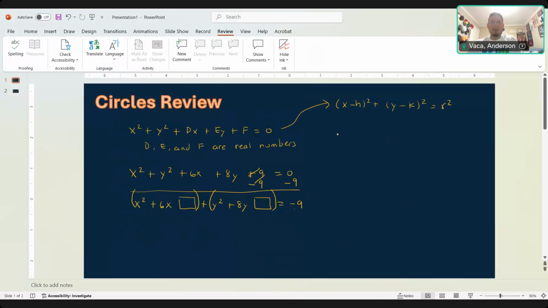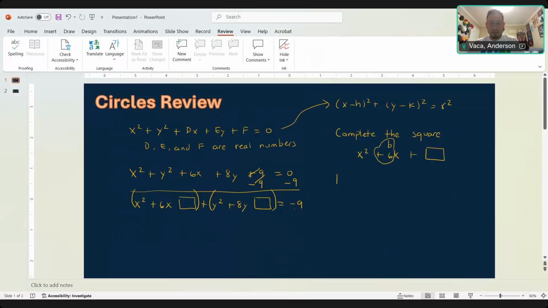And so the idea here is that I would like to complete the square. I would like to complete the square x squared plus 6x plus some number here that will complete this square. To do that, this will be the value of b in this trinomial.